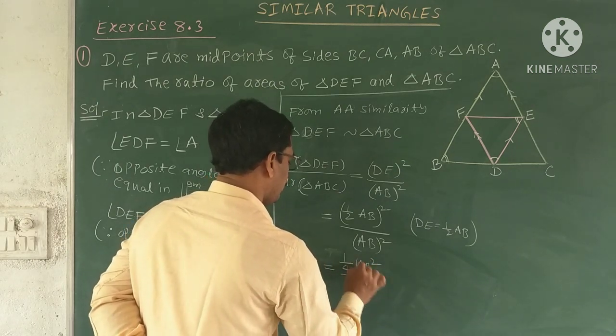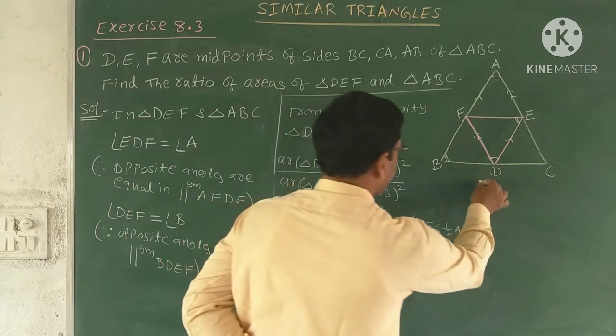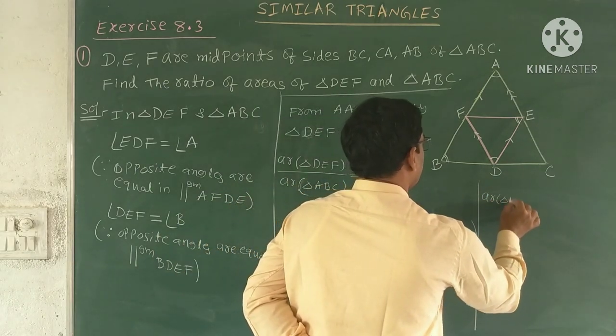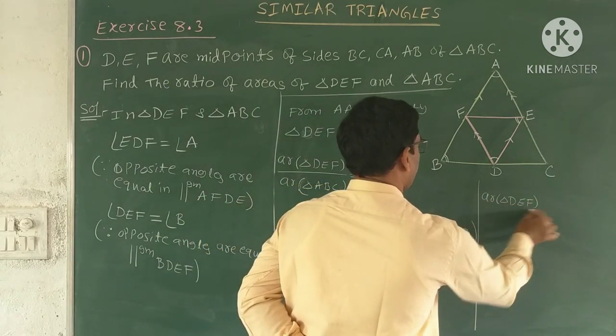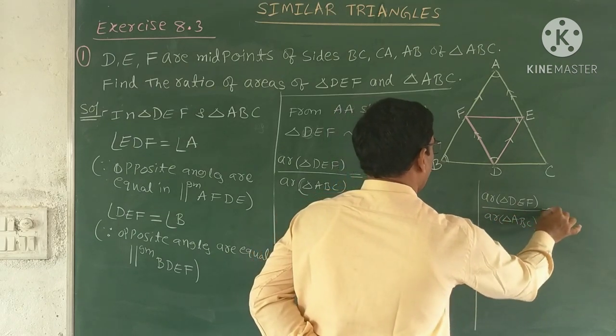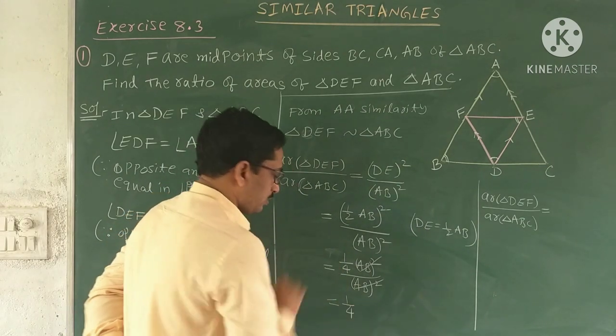AB square cancels. So the ratio of area of triangle DEF by area of triangle ABC equals 1 by 4.